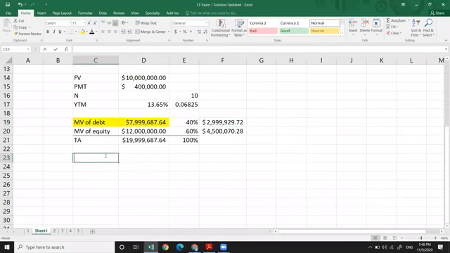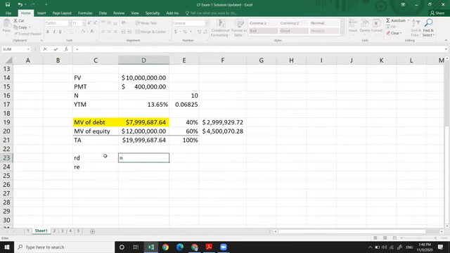The cost of debt is already given, 0.16, and for cost of equity we use the CAPM model: risk-free rate plus beta times the market risk premium. So we will calculate everything through the CAPM.